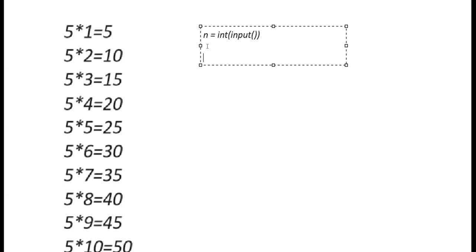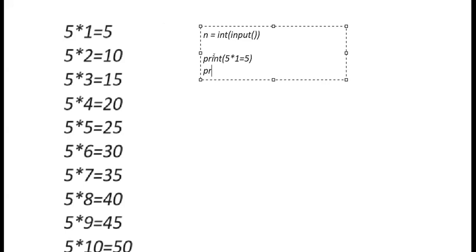To print the multiplication table, let us print the multiplication table of 5. How do we print it actually? 5 into 1 is equal to 5.